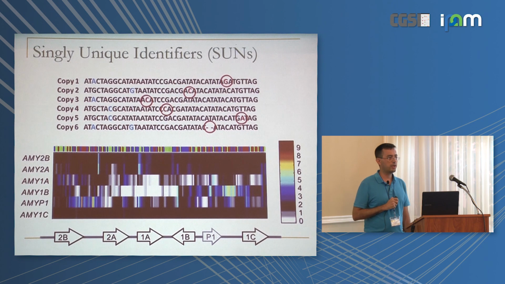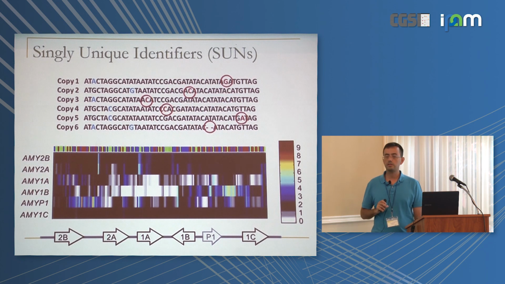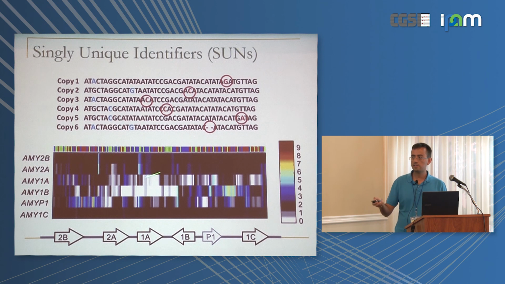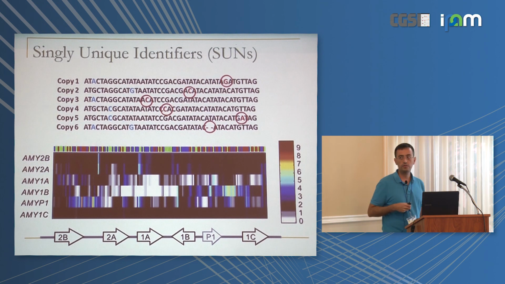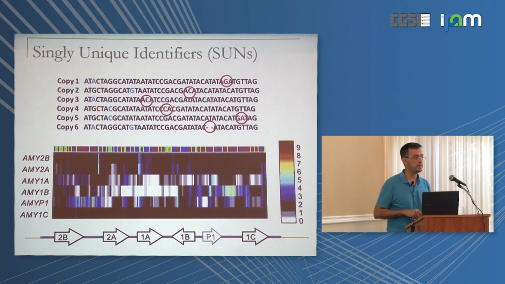And then if we look at only those reads that map to those unique identifiers, now we can assign a paralog-specific copy number to duplicated genes, which here is exemplified by the NBPF gene family, which has 6 different copies. And these are the copy numbers across 159 individuals from different ethnicities. And you can see that some genes are missing copies in some individuals, and some genes have extra copies in other individuals.